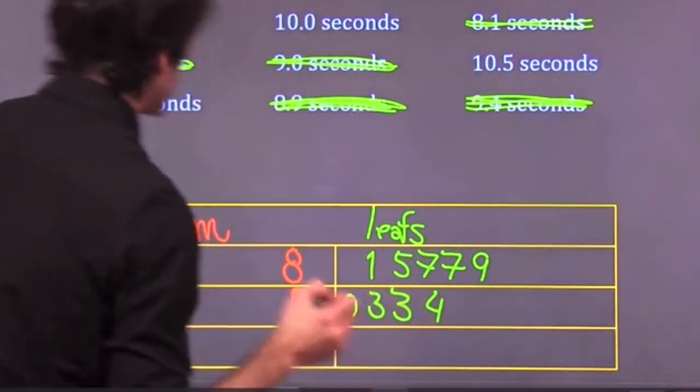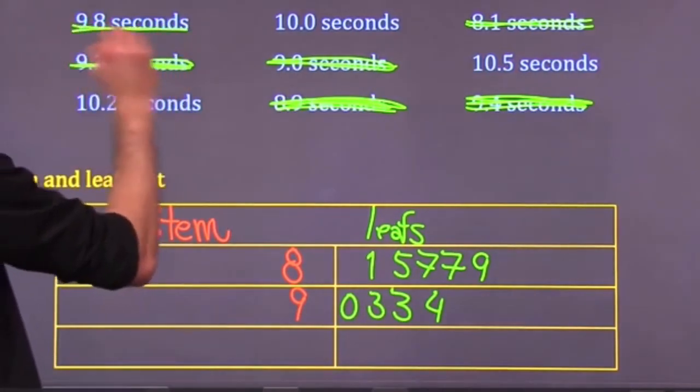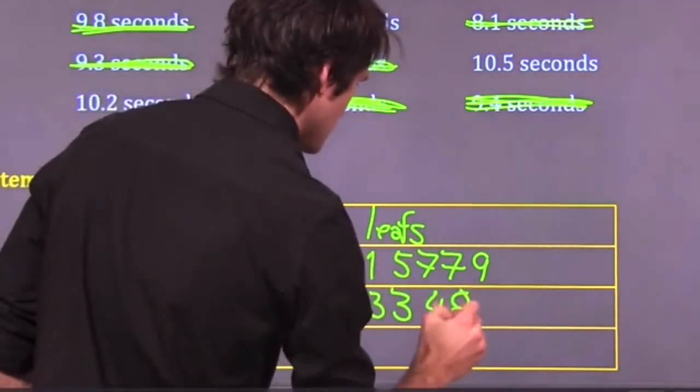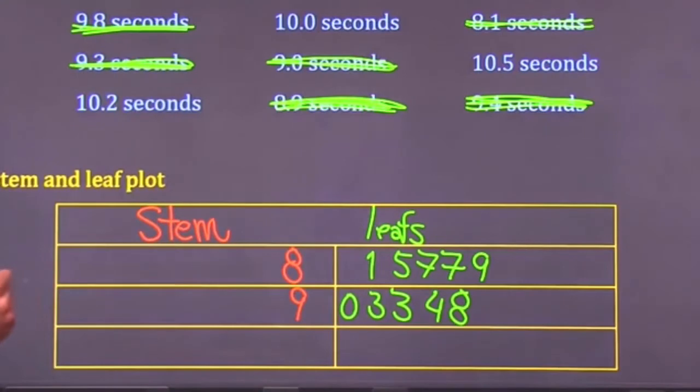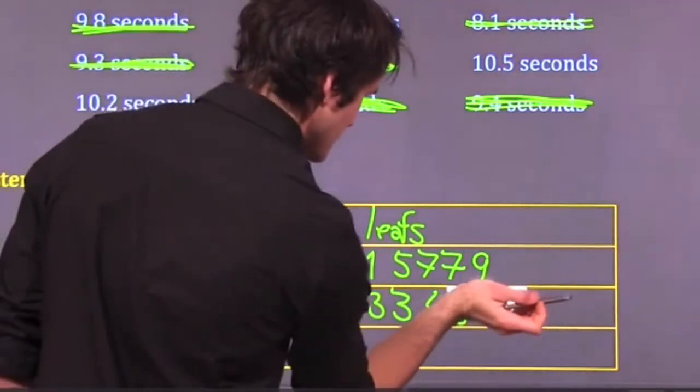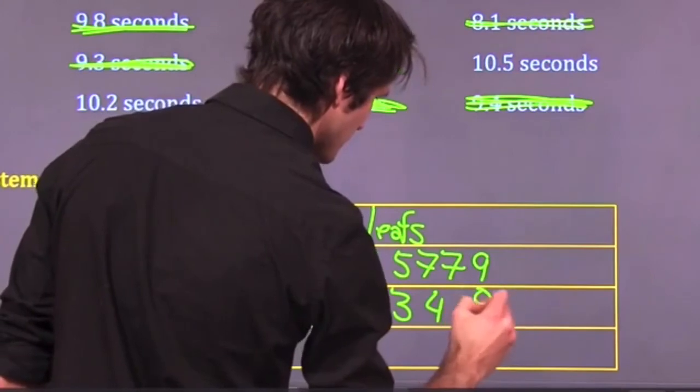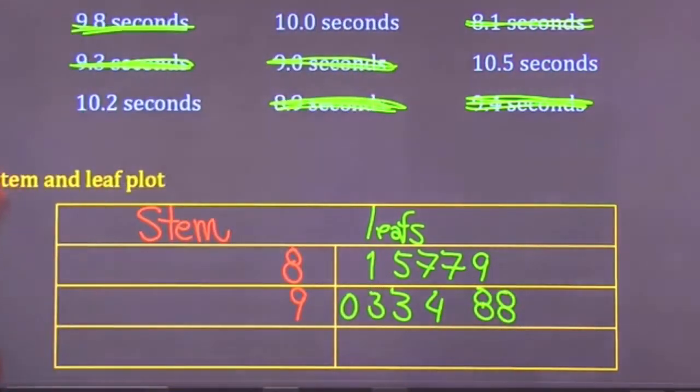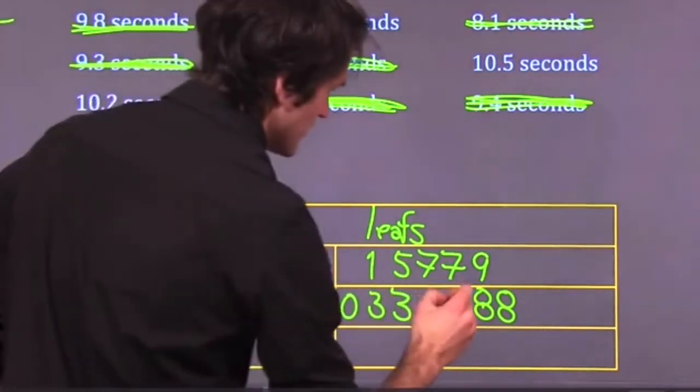Add them on there. And 1 swimmer who took 9.8 seconds. Throw them on right there. And we got another swimmer who took 9.8 seconds, so 2 swimmers who took 9.8 seconds. And another swimmer who took 9.5 seconds. Include them right there.